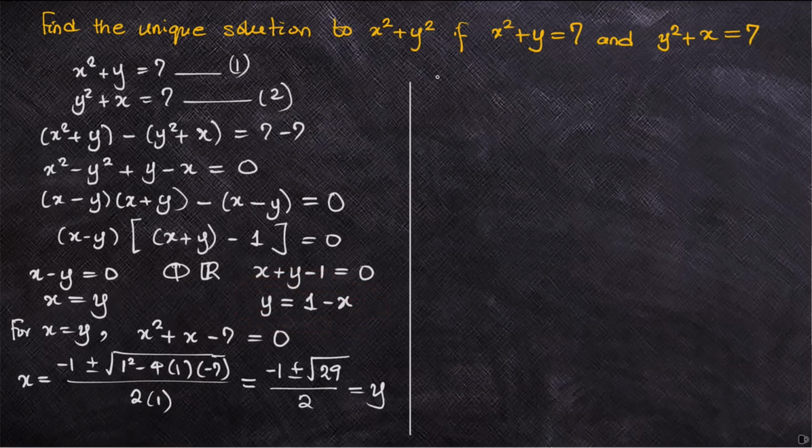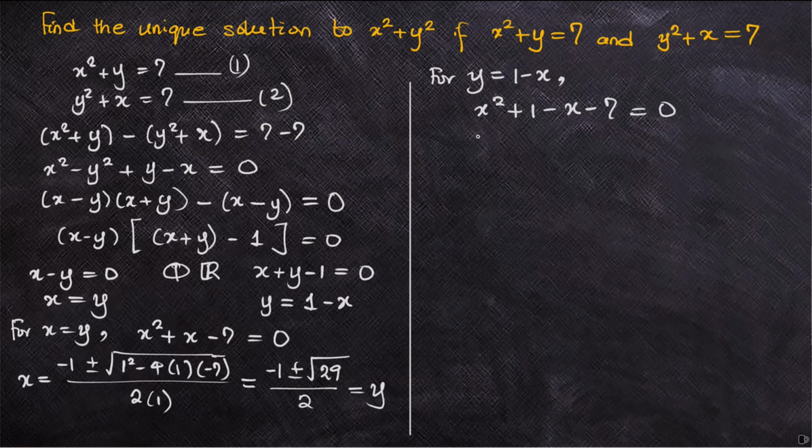Okay, for y is equal to 1 minus x, if we use that in equation 1, I'm going to have x squared plus 1 minus x. Then that 7, if I subtract 7 from both sides, minus 7 is also 0. That is coming from equation 1. So this results in x squared minus x minus 6 is equal to 0.